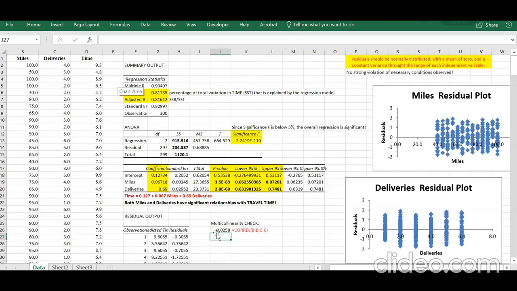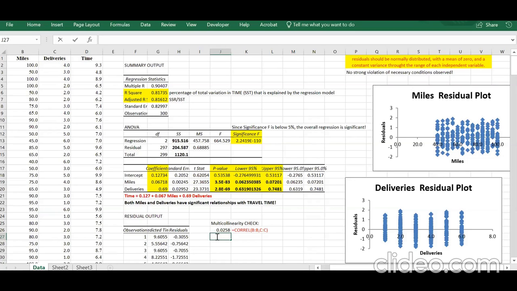So the concern would be the correlation between independent variables. So we use 0.7 here as well. So for multicollinearity, if it's above 0.7, that would be a red flag.